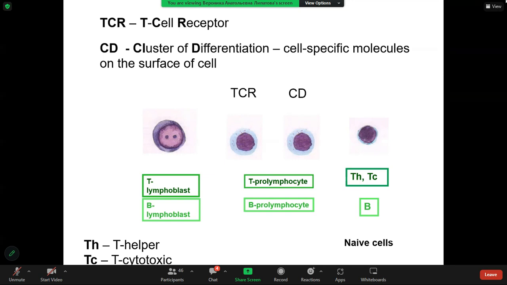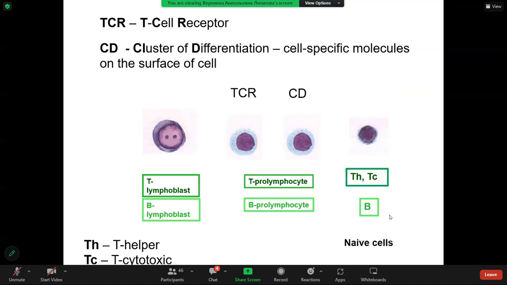And here, the result of differentiation is appearance in thymus of T helper and T cytotoxic cell, and the result of differentiation of precursor cells for B lymphopoiesis in bone marrow is formation of B cell. And first of all, the education of this cell in central organs, the aim of this education is not to attack its self-antigen, recognize and not to attack it.